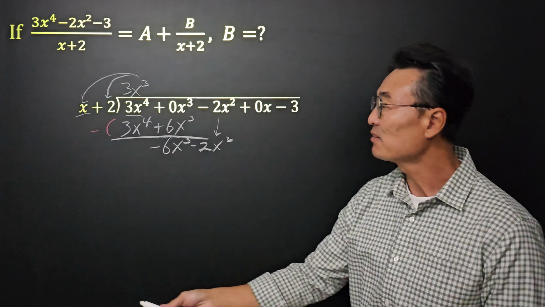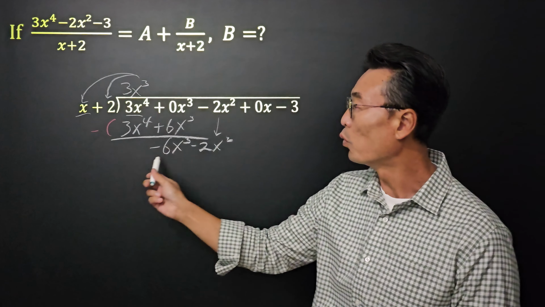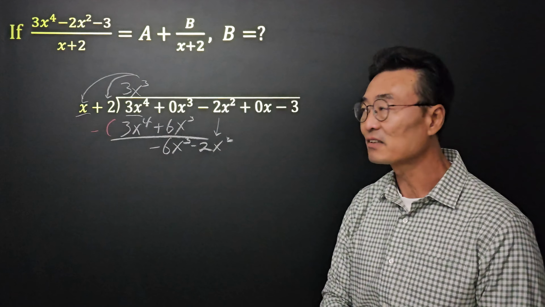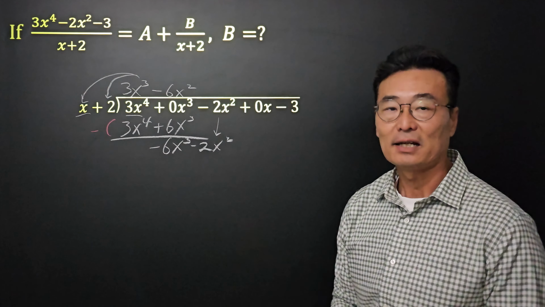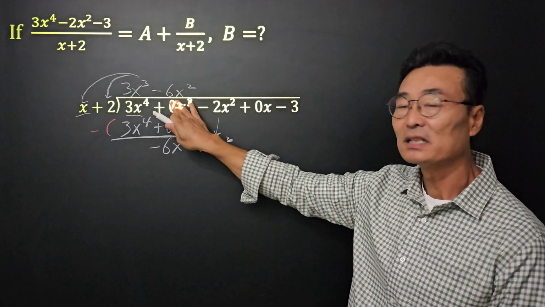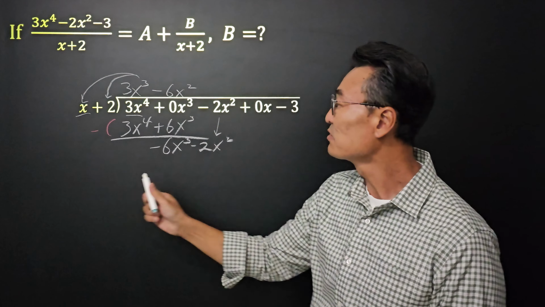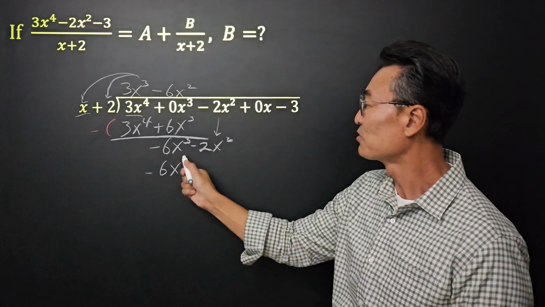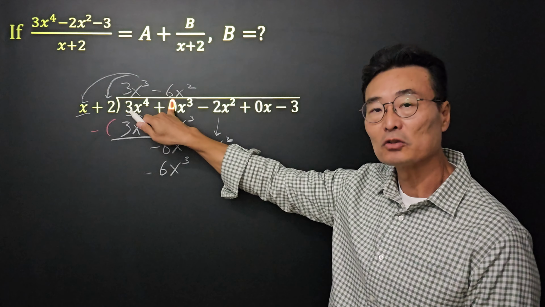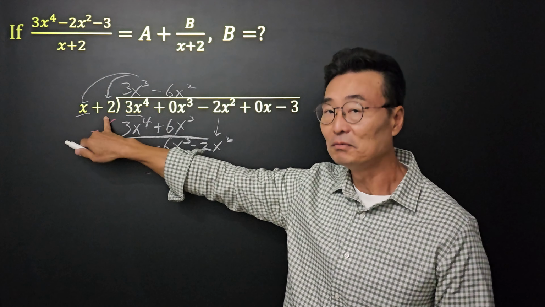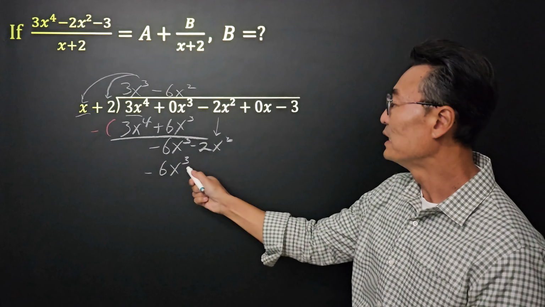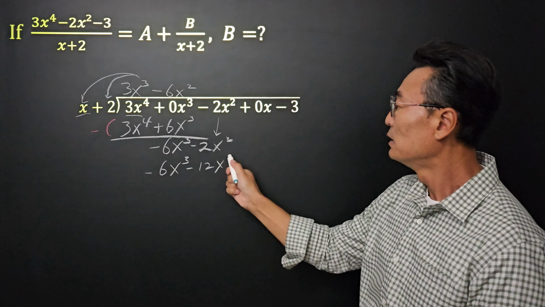And here we go again. Ask ourselves, x times what gives us negative 6x cubed? And that's going to be negative 6x squared, where we multiply the negative 6x squared to the x, where we get negative 6x cubed. And again, we're going to be multiplying the negative 6x squared to the 2 once again. So we end up getting negative 12x squared.